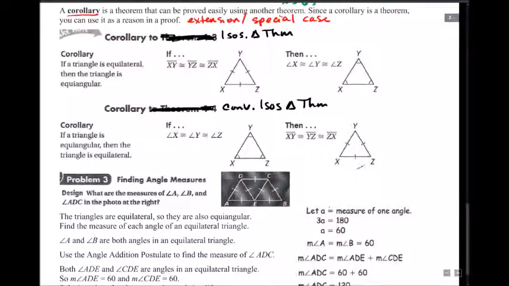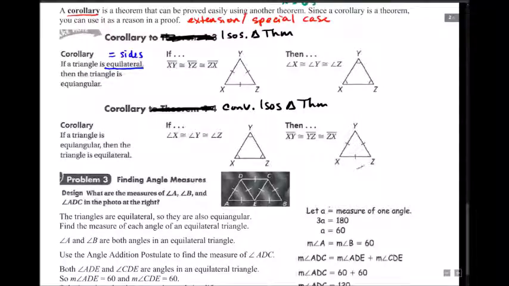All right, our corollary here to the isosceles triangle theorem, this is an extension of the isosceles triangle theorem, a special case of the isosceles triangle theorem, says if your triangle is equilateral. What does equilateral mean? That means equal sides.